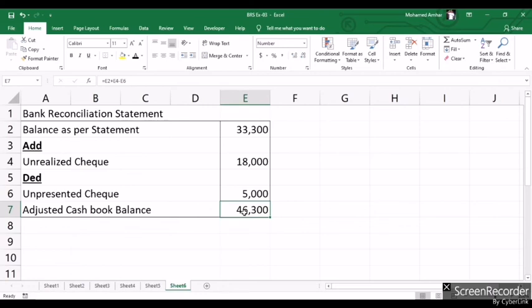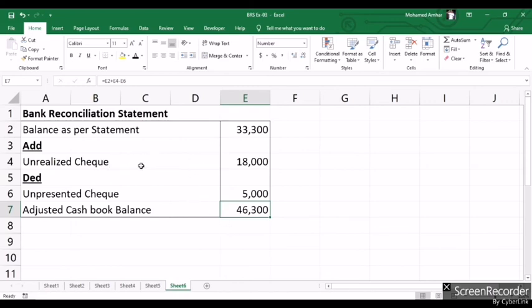Now after preparing this bank reconciliation statement, it is better to send a copy to the bank. Then the bank will understand that the statement balance is more and the cash book balance is less. For this difference amount, there are two reasons.